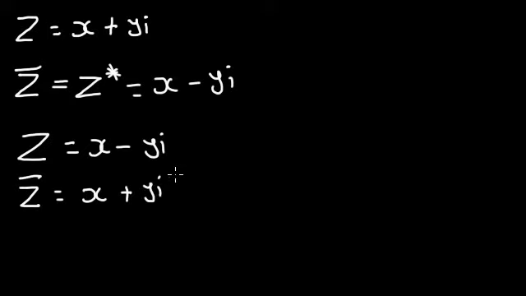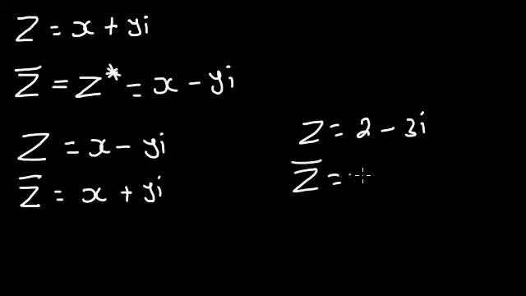So that's how to easily find the conjugate of a certain complex number. Let me use numbers instead of letters. Let's say z is equal to 2 minus 3i. Then its conjugate will be 2 plus 3i. Straightforward. Are we together? Perfect.